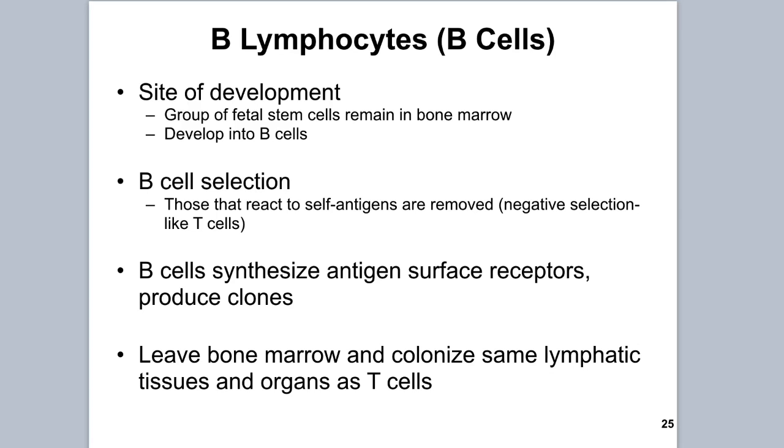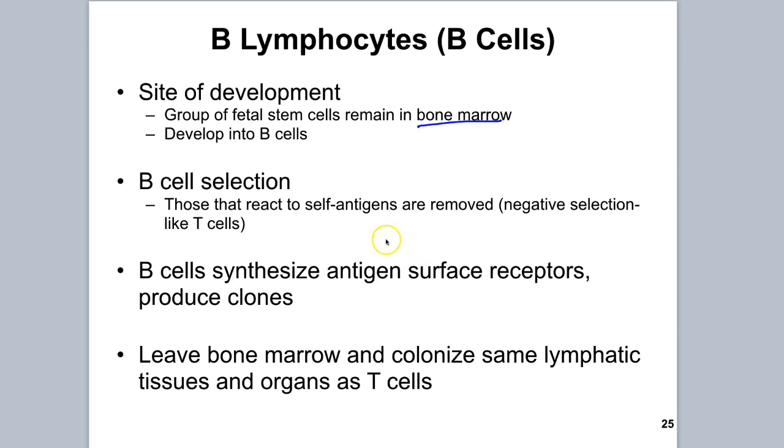So the B cells, these are very similar to the T cells. Their site of development is the bone marrow: they start their development in the bone marrow, and they finish their development in the bone marrow.